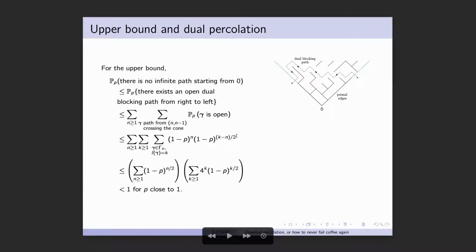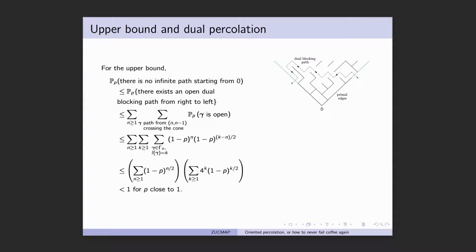We estimate this number of steps it needs to take to the left. I'll spare you the calculations, but we end up with something that is strictly smaller than 1 when p is sufficiently close to 1. And we conclude that the probability of the complement of this event, which is the probability that there is an infinite path, should be strictly positive, which concludes the proof at this point. Are there any questions?